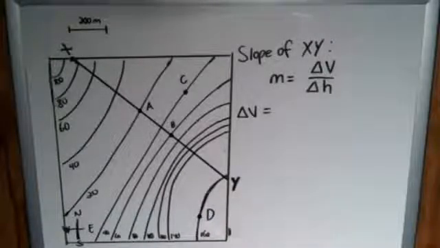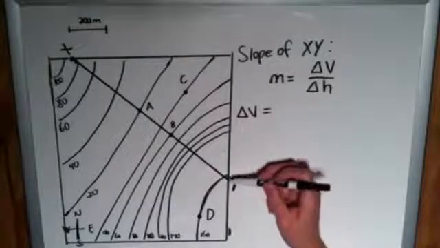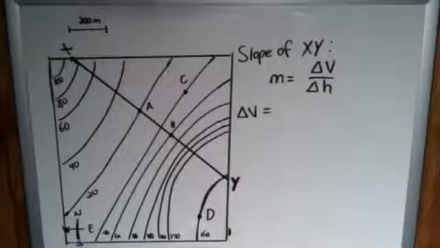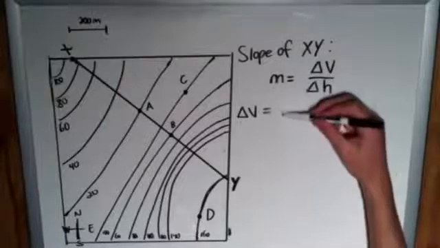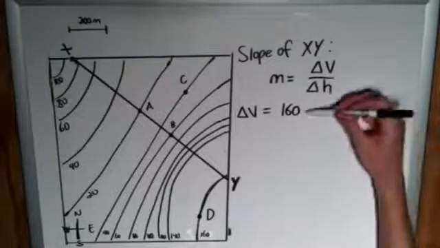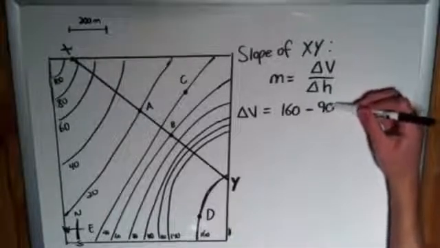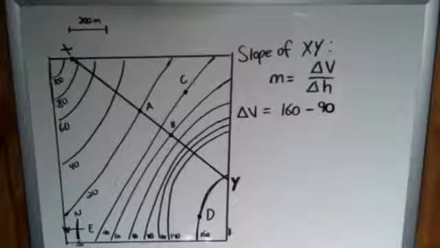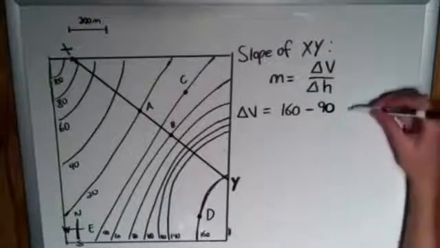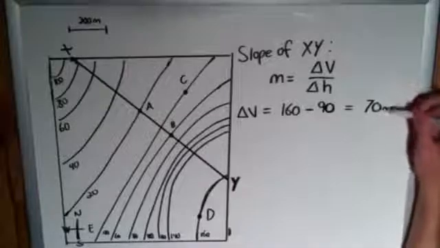So just to be more correct, we would start with y and say, well, this appears to be just a bit above 160, so it probably hasn't reached 165 or 170 yet. So we'll round our y position to 160 meters vertically. Now we can subtract our 90 meters vertically that we had at our x position. So we get that our vertical displacement is 70 meters.